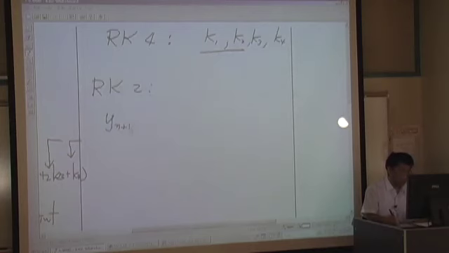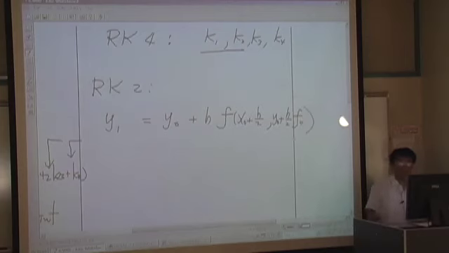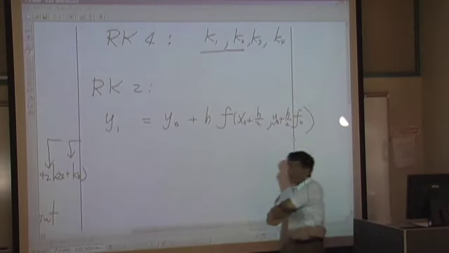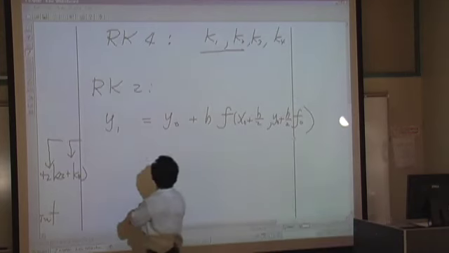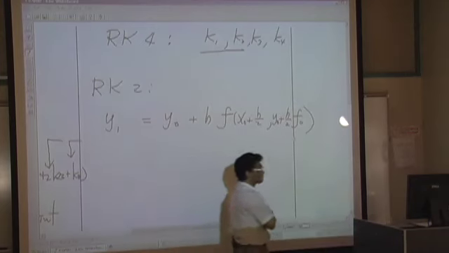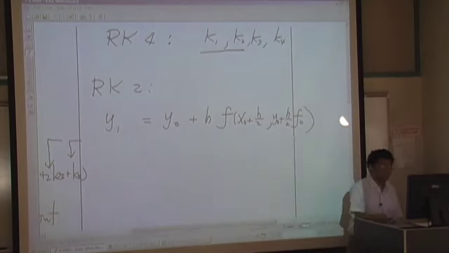Y1 is determined by Y0 plus H times F of X0 plus half H, and then Y0 plus half H F0. So this is the RK2 approach. So this is called midpoint method 2.